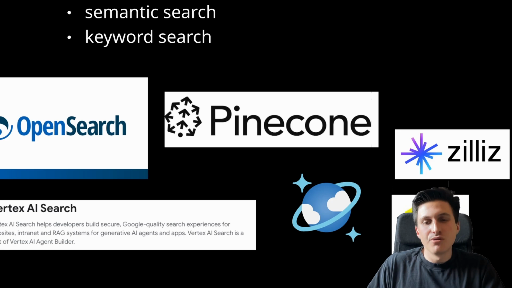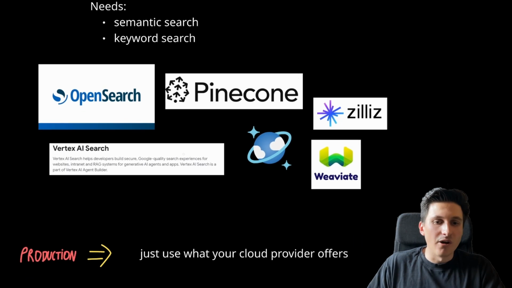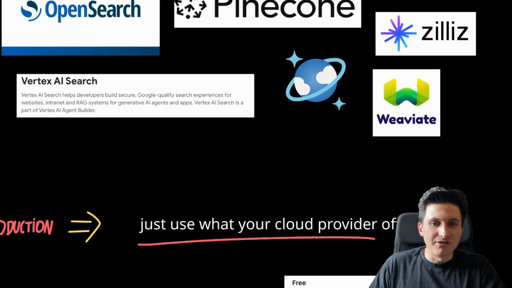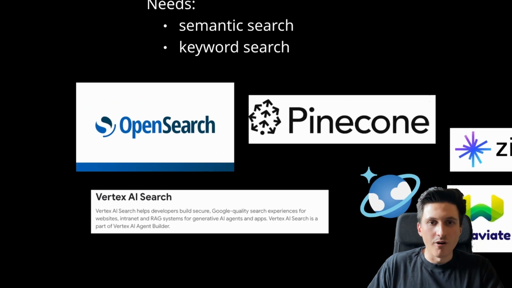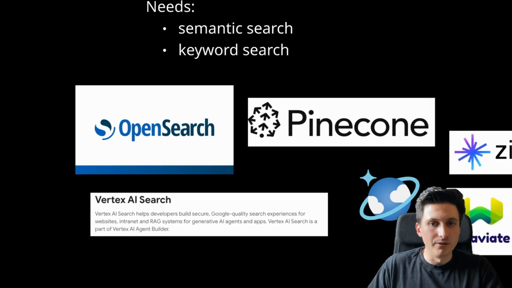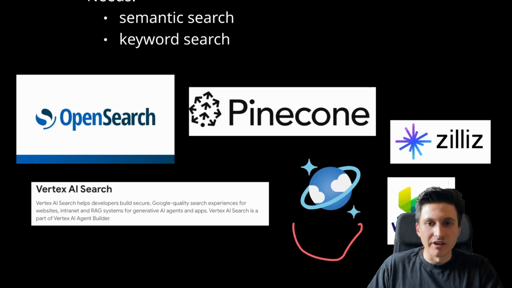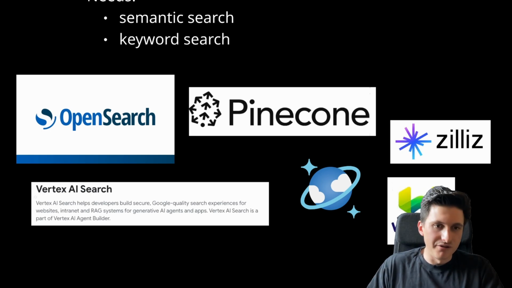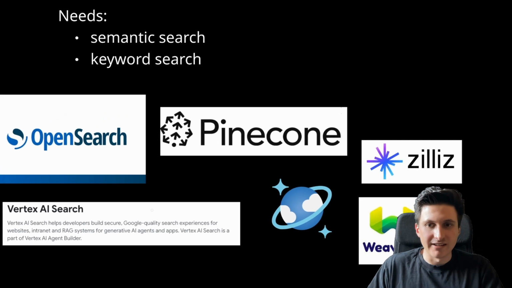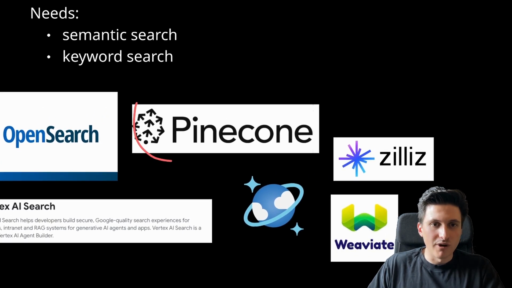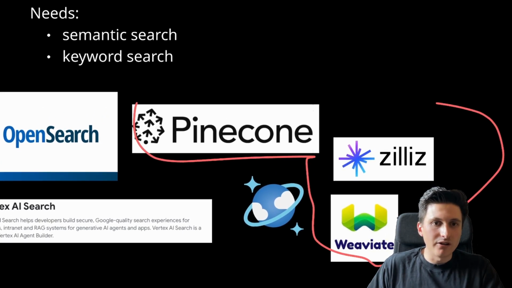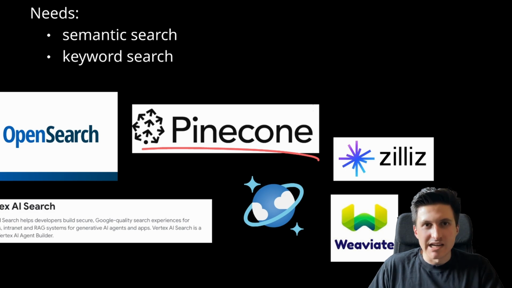The way I would choose a knowledge base is just like I say here, just use what your main cloud provider offers. If you're using AWS, use OpenSearch. If you're using Azure, use Cosmos DB, I think this is called. If you're using Google Cloud, use Vertex AI search. And then you also have these like Pinecone. I've used this to power my mental health chatbot.